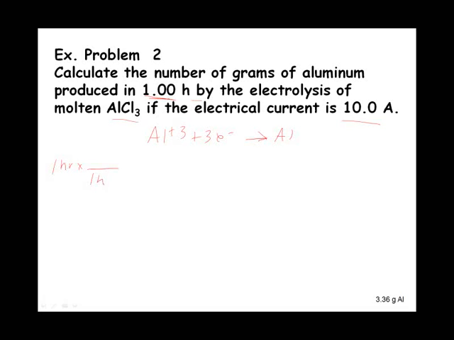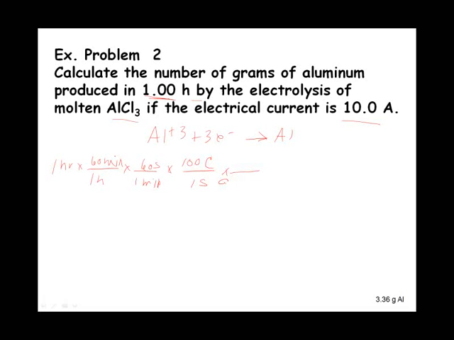and what I know is 1 hour is 60 minutes, and 1 minute is 60 seconds, and I've got 10 amps, right? So in 1 second I have 10.0 coulombs, since amps are coulombs per second.